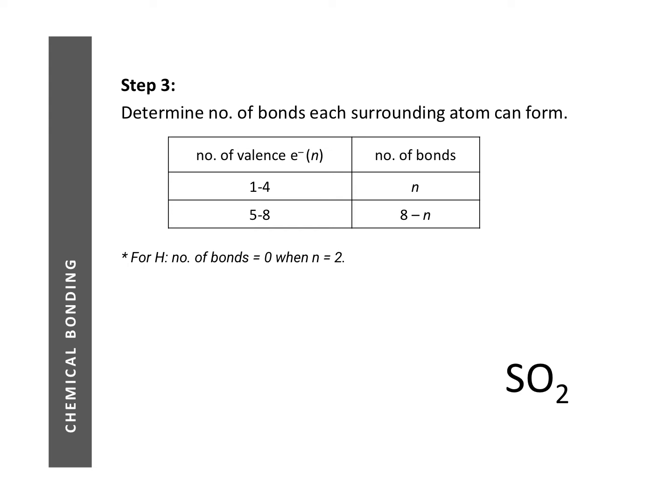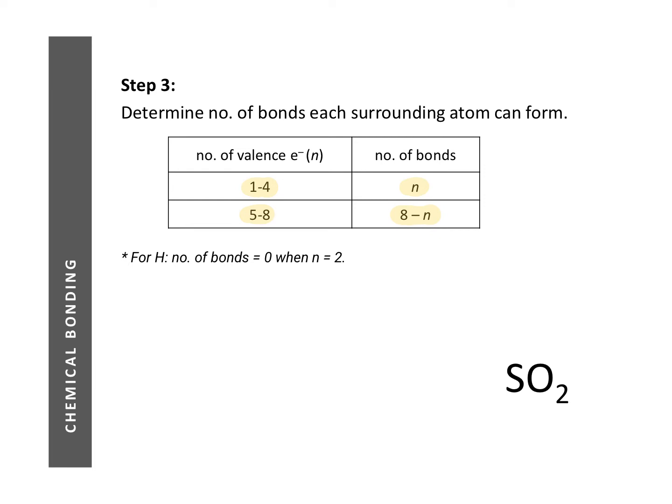We need to look at the number of valence electrons in the surrounding atom. If the surrounding atom has 1 to 4 valence electrons, then the number of bonds that it can form would be equal to the number of valence electrons. If the atom has 5 to 8 valence electrons, then the number of bonds that the atom can form would be 8 minus the number of valence electrons.